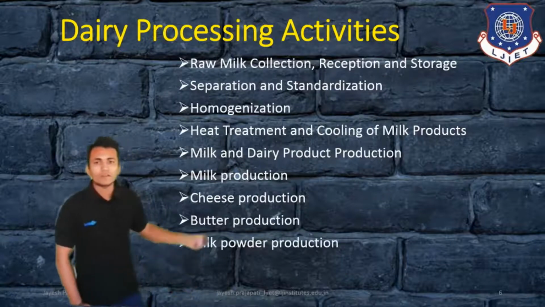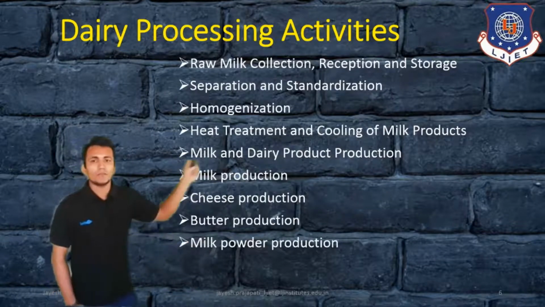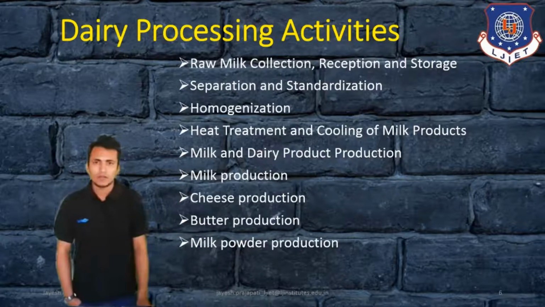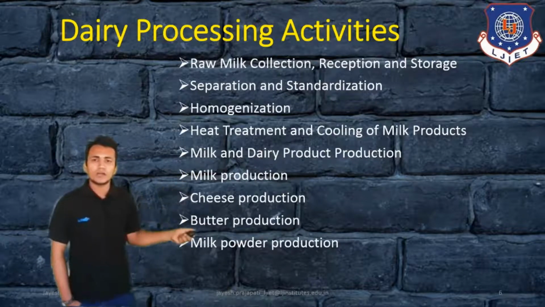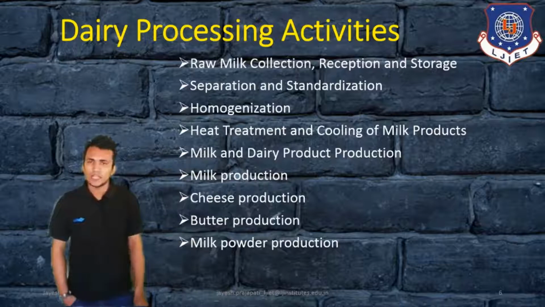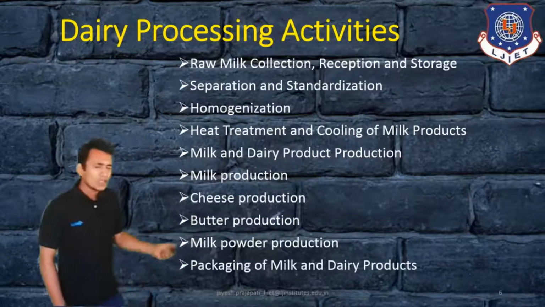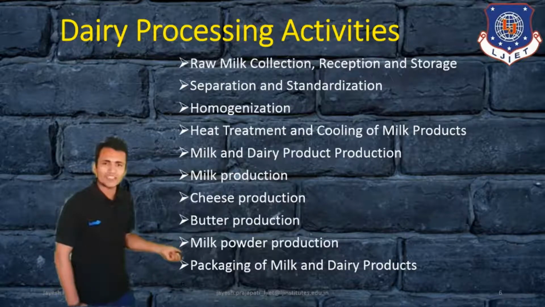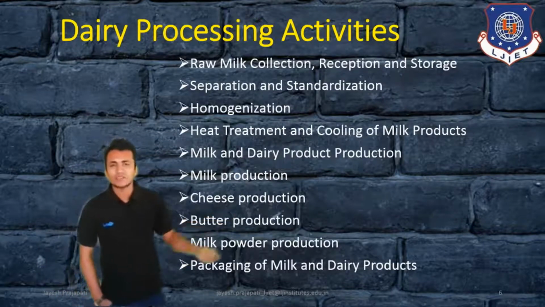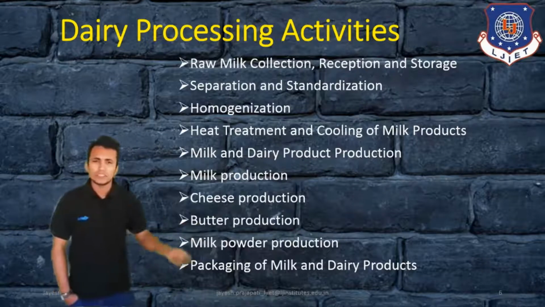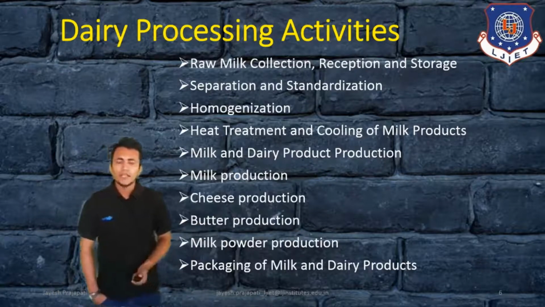So these products are made in the milk and dairy product production. After this production, the packaging of milk and dairy products is done and they are sent for distribution.